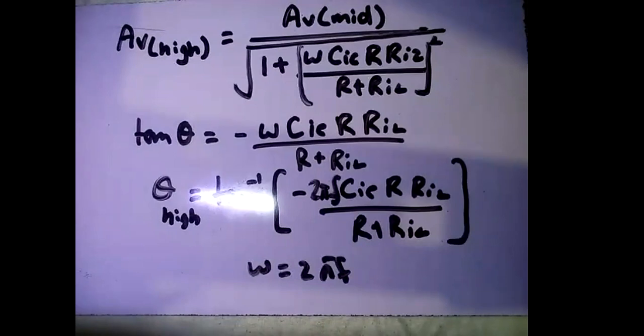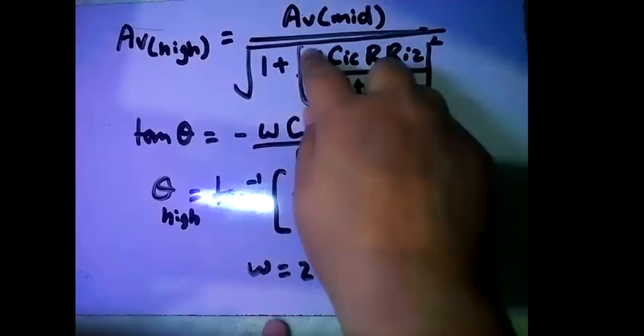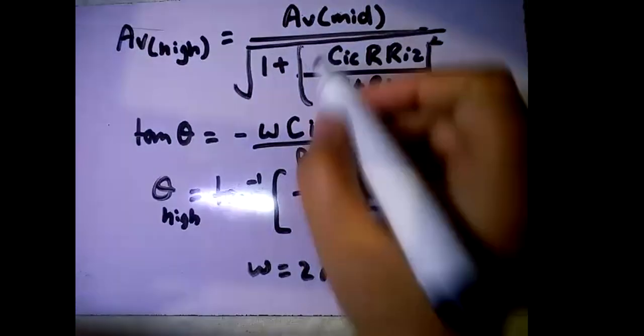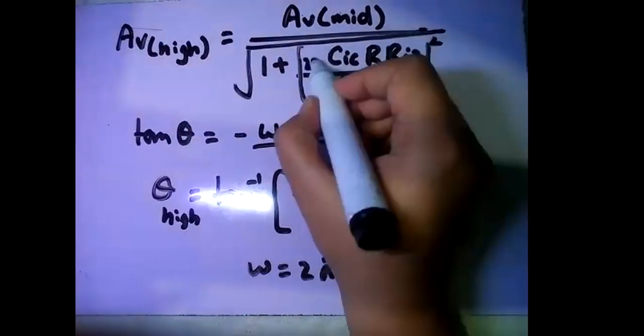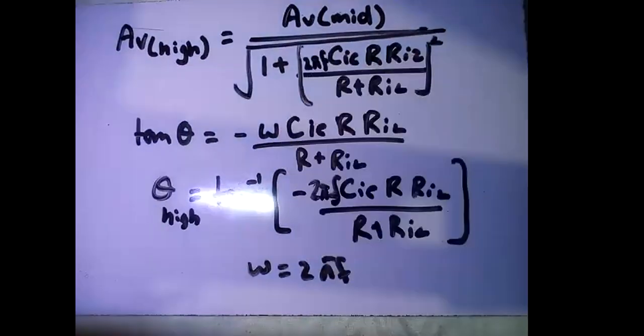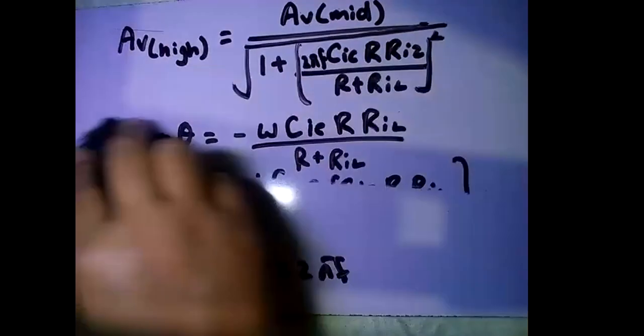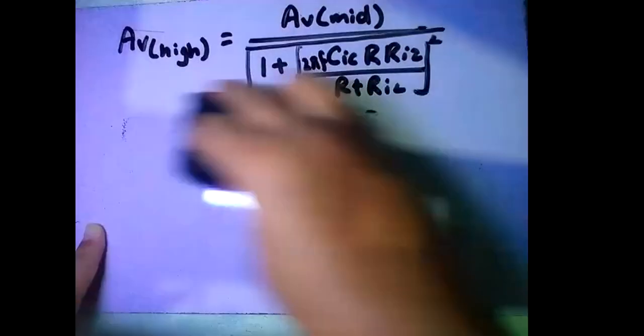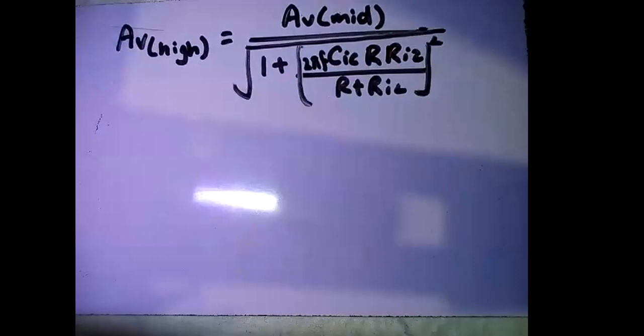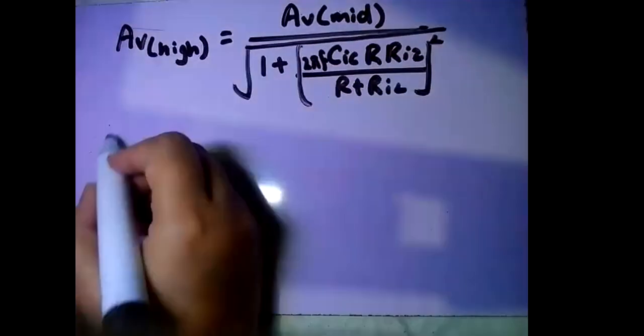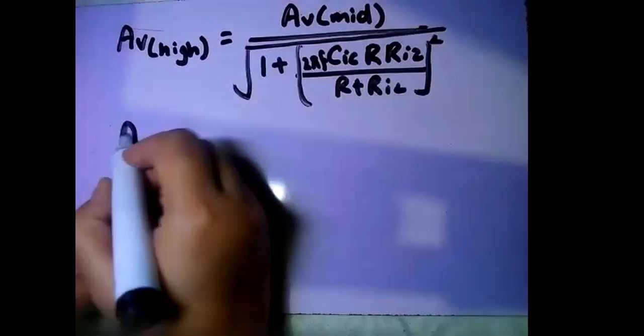Here you can see the gain as a ratio, and for the normalized form, we have already considered that the ratio between the high frequency gain and the low frequency gain with the mid frequency gain is normalized equal to 1.